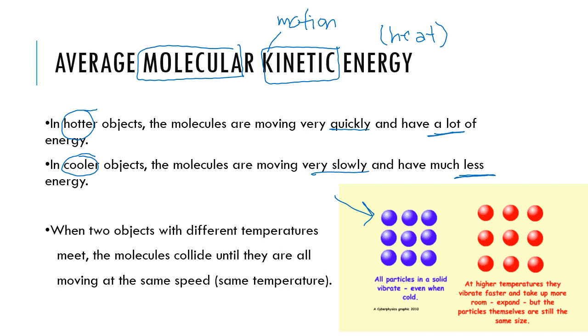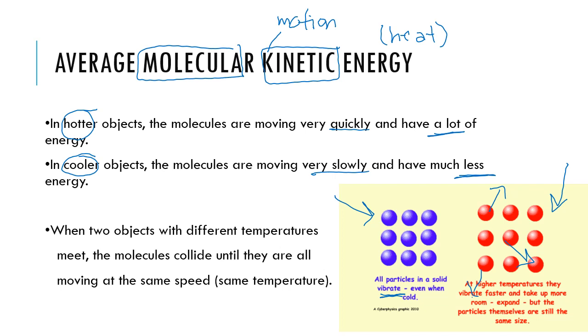They're just moving very slowly, but they're still going to vibrate even when in place. Whereas at higher temperatures, when it becomes a liquid or a gas, those particles have less intermolecular forces, so they're not as attracted to each other. They have lower force of attraction, so they're able to move around a lot more and go in all different directions.